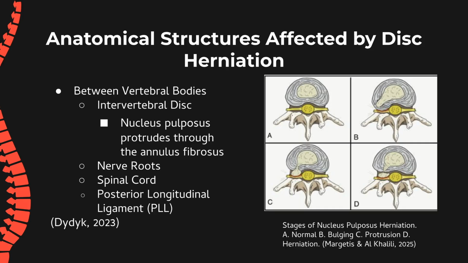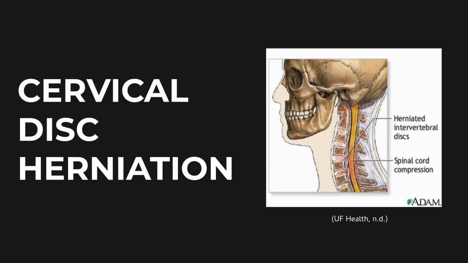It goes through the annulus fibrosus, which sometimes also affects the cartilaginous end plates, thus increasing the likelihood of compression on spinal nerve roots and the spinal cord. And we can also see the posterior longitudinal ligament be affected by this, as herniations occur more posterolaterally, where the annulus fibrosus is thinner and lacks the support of the posterior longitudinal ligament.